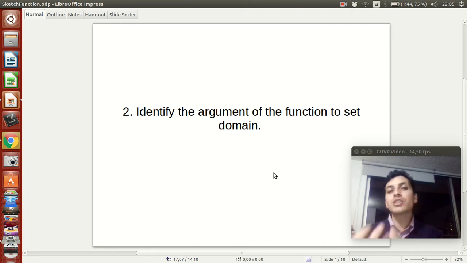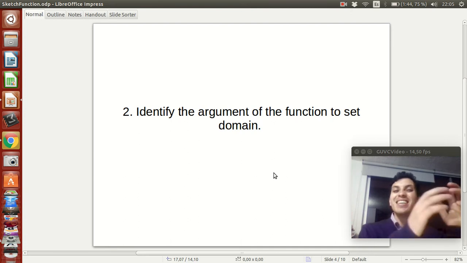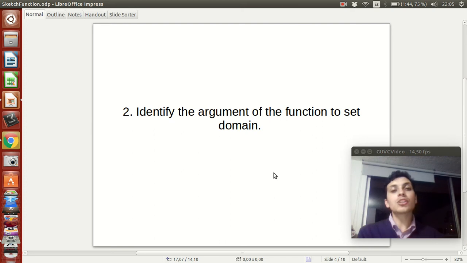For example, for quadratic and rational functions, you need the equation. What is the equation that represents the function? But sometimes in other functions like exponential, logarithm, trigonometric functions, you need to know what is the argument. And the argument is just how you change x.